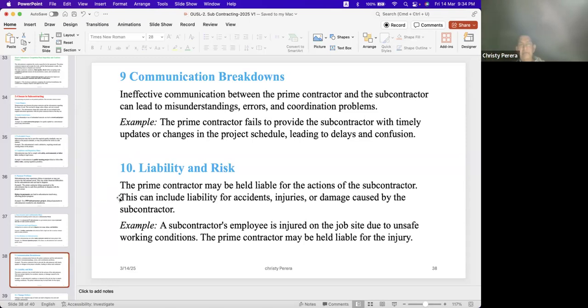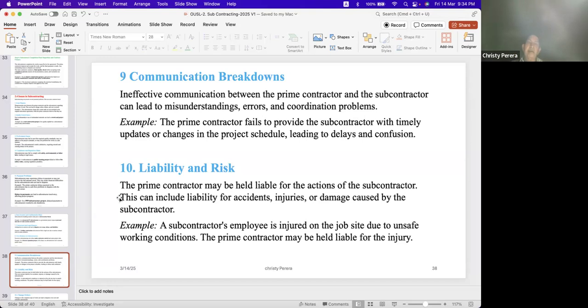Communication breakdowns. Ineffective communication between the prime contractor and the subcontractor can lead to misunderstandings, errors, and coordination problems. I have my own experience with regard to telecom.